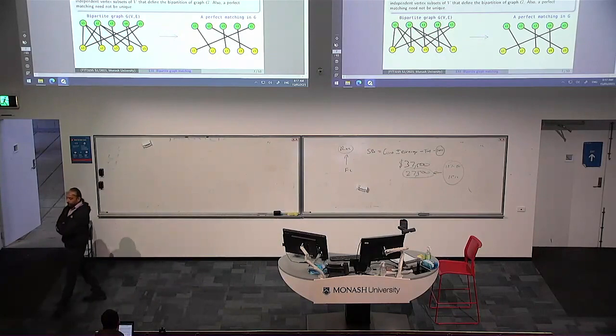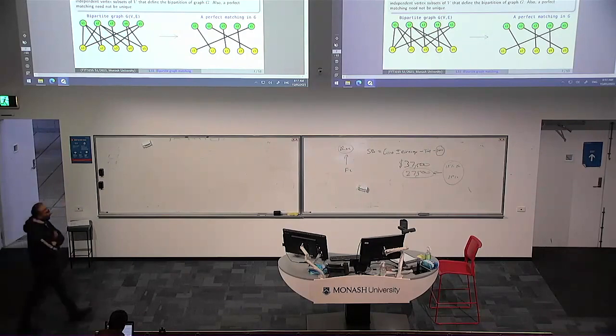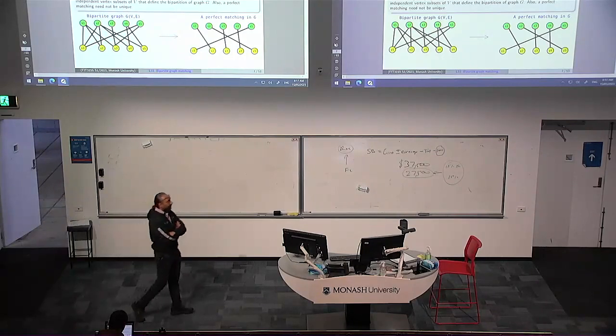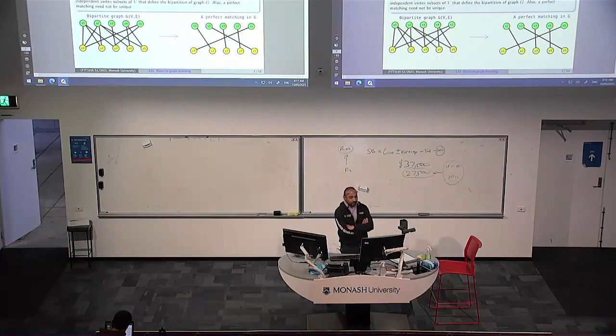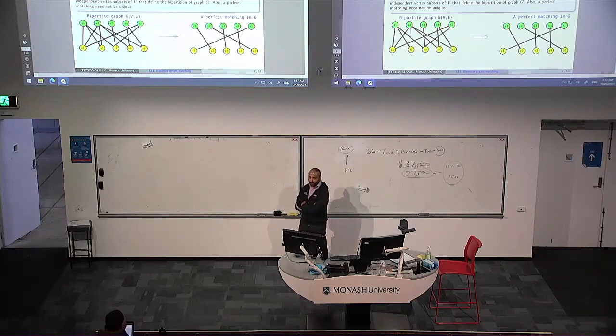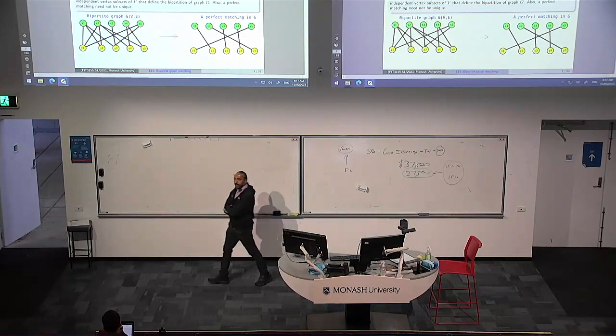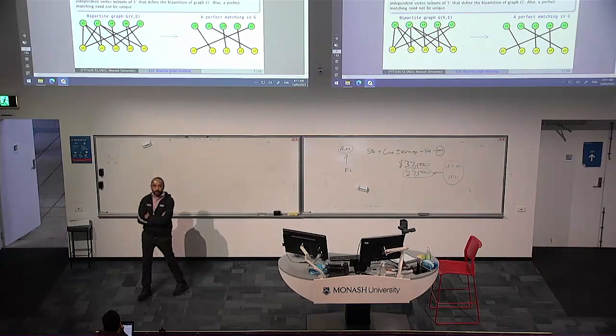So bipartite graph, because there are no edges between vertices in green, no edges between vertices in yellow. And a perfect means that you are ensuring that every single vertex in one set has a counterpart in the other set. It's perfect.